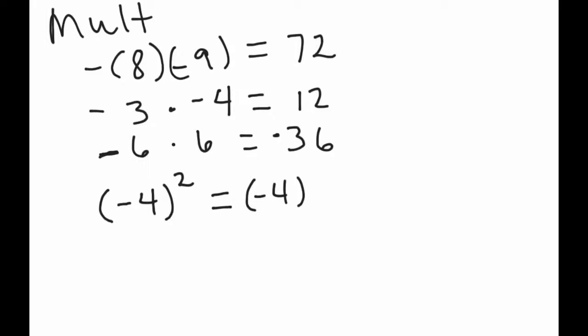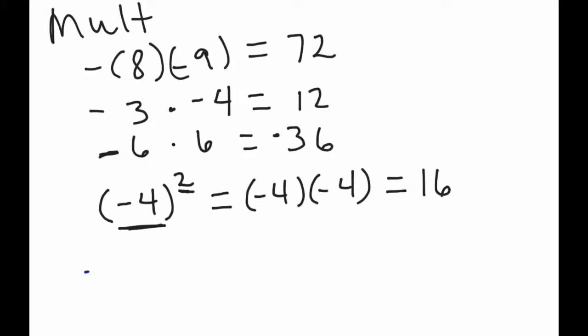Negative 4 times negative 4. Or in more math terms, the exponent is telling us to multiply the base this number of times. Okay? And so we would then say 4 times 4 is 16. The signs are the same, therefore my answer will be positive.